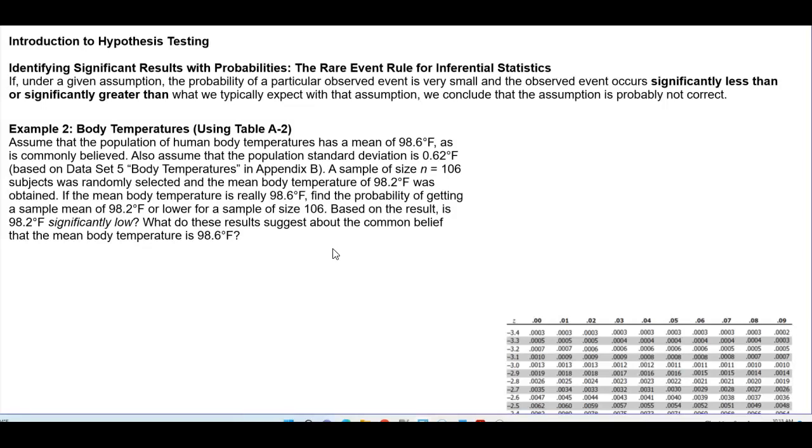If the mean body temperature is really 98.6 degrees Fahrenheit, find the probability of getting a sample mean of 98.2 degrees Fahrenheit or lower for a sample size of 106.